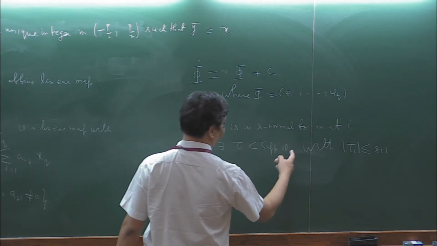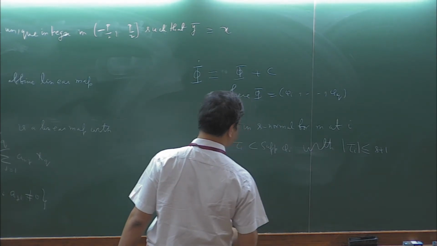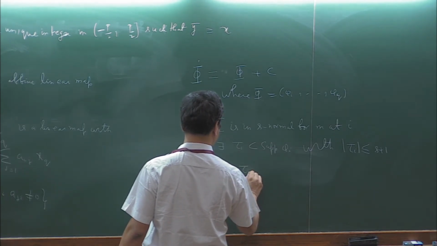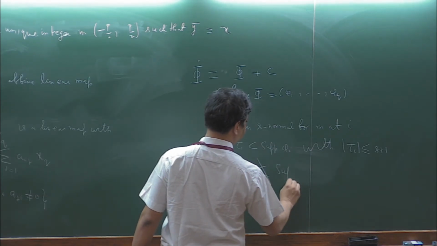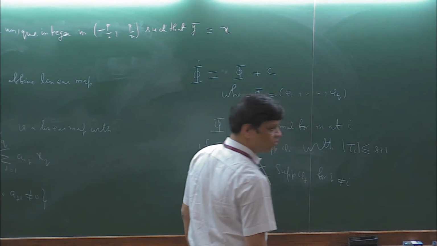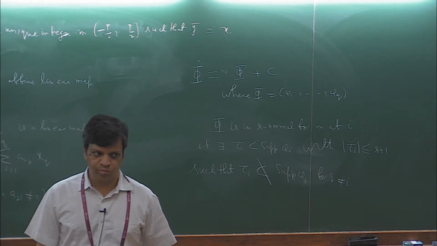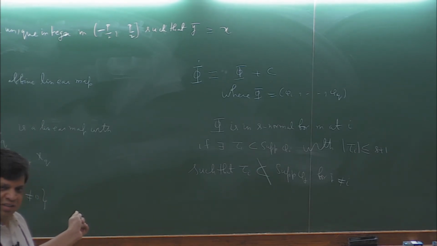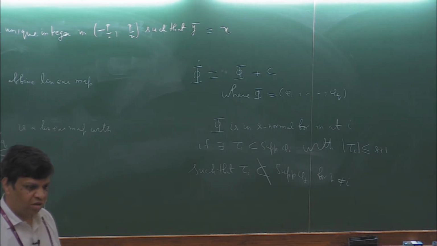If there exists gamma I contained in support of phi I such that gamma I is not contained in support of phi j for j not equal to I, this means that if you take phi j different from I, then there exists at least one element from gamma I which is not there in the support of phi j. All right?